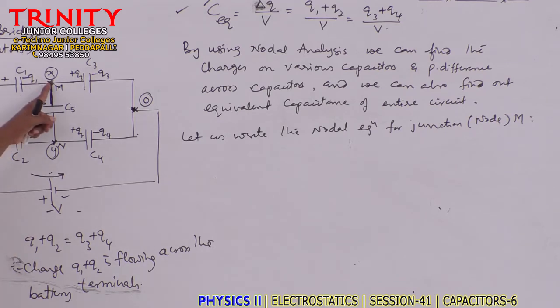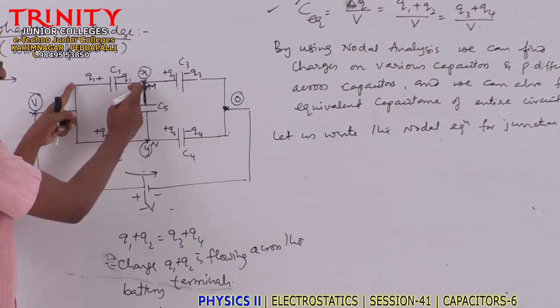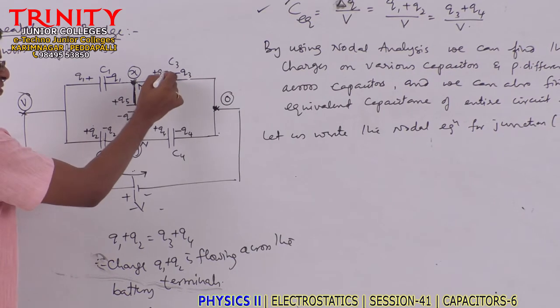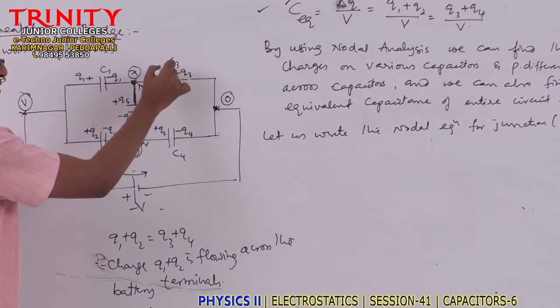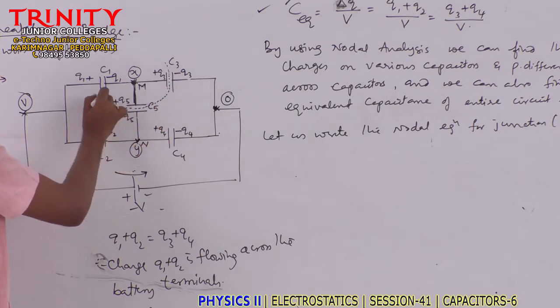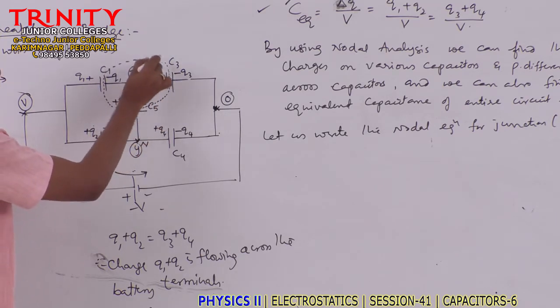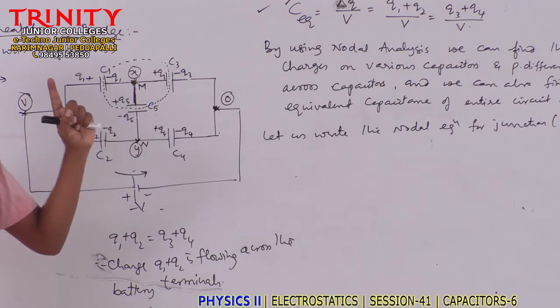Now if you write the equation for M, then if you look here, this V is higher than this X, but the algebraic sum of all the charges here is 0. That means minus Q1 plus Q3 plus Q phi is 0.